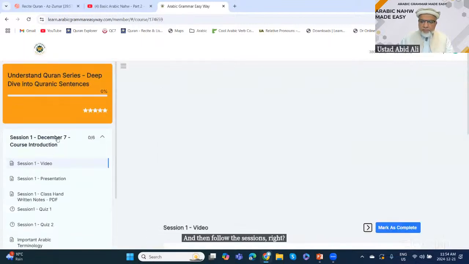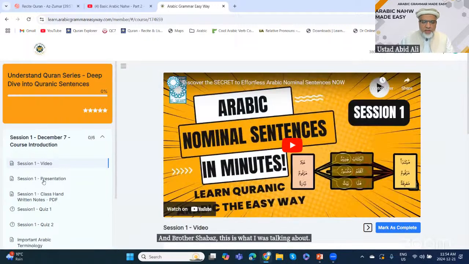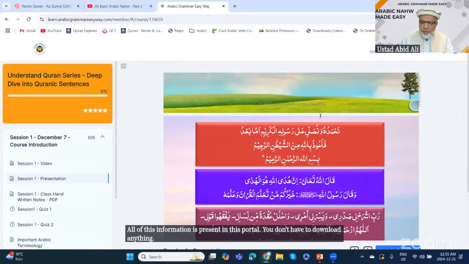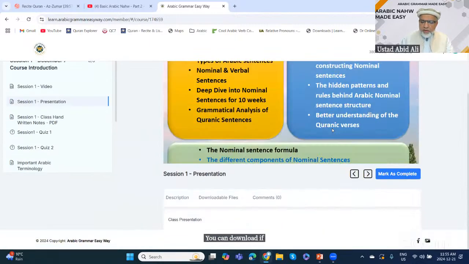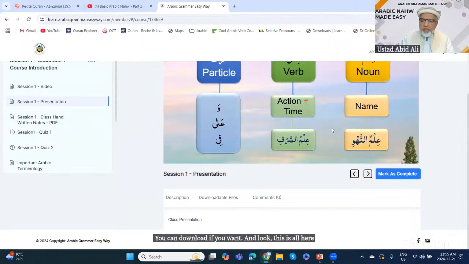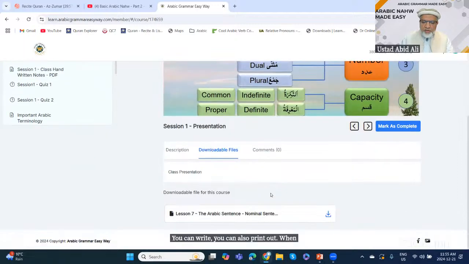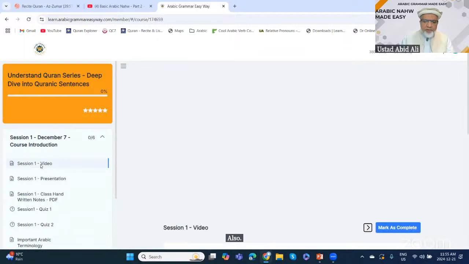And Brother Shahbaz, this is what I was talking about. All of this information is present in this portal. You don't have to download anything, but you can download if you want. And look, this is all here. You can read, you can write, you can also print out. When you click on downloadable files, you can download this file right here. Also, you have the video available to you.